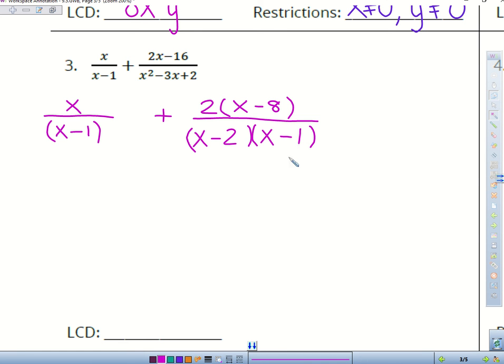So does everybody understand how I got from point A to point B here? Okay. So now we look for what the denominators have in common, which is x minus 1. That will automatically always be part of your LCD. Now you look for what they don't have in common, which is good, and the x minus 2 has to be included as well. That's going to be the new denominator of my fraction.